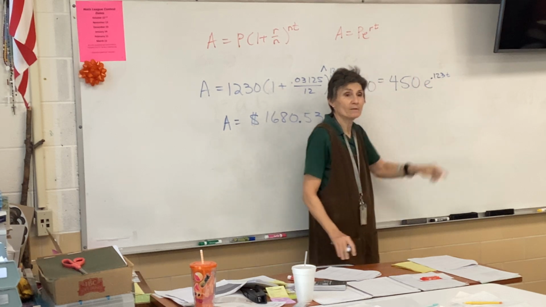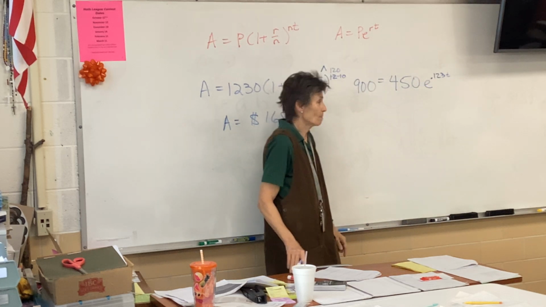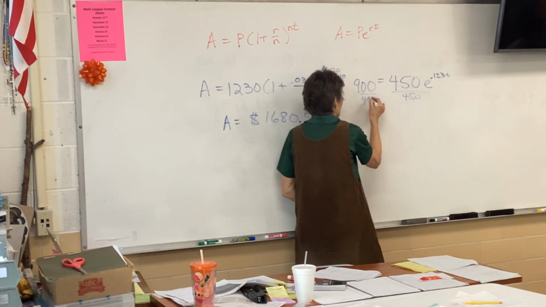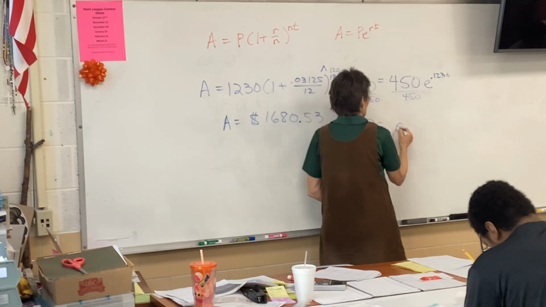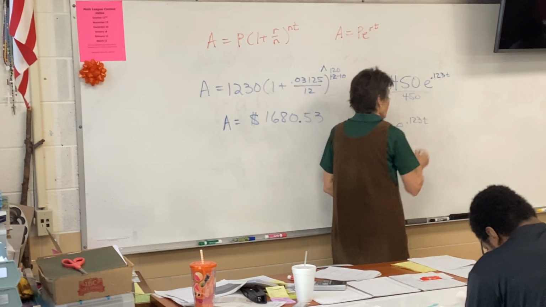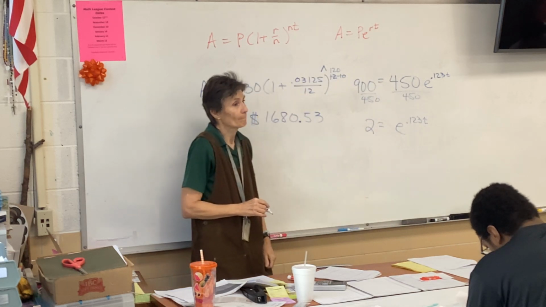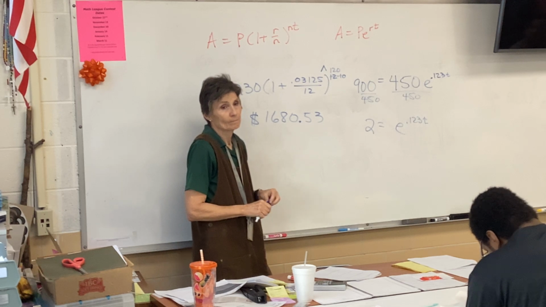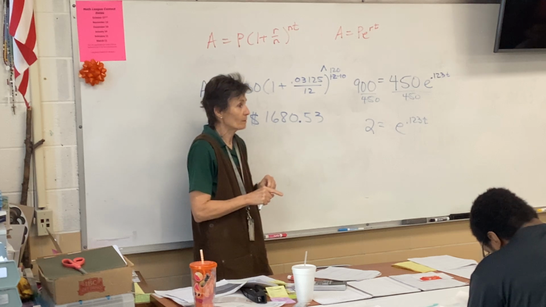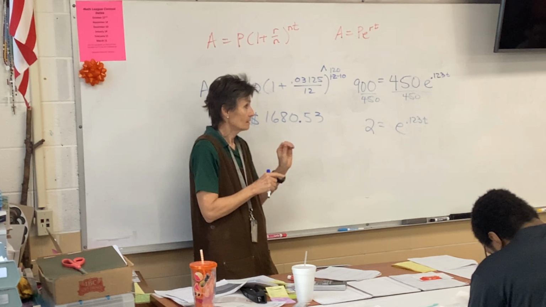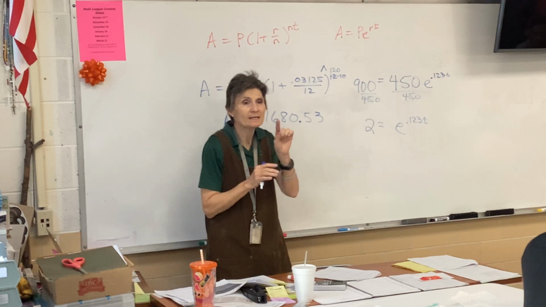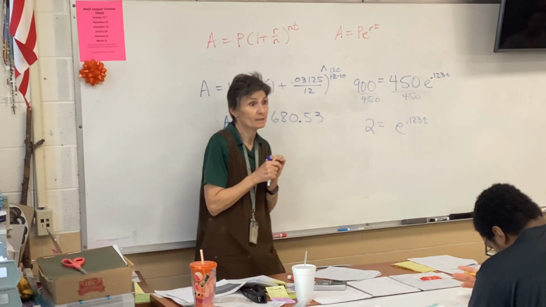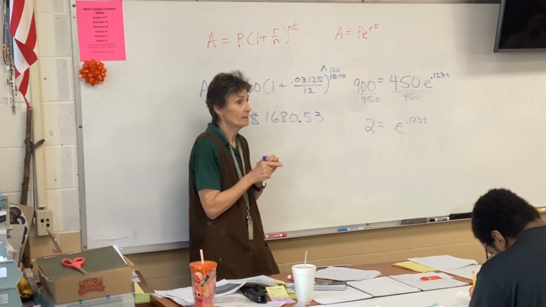Okay? What's step 1 now? Divide. Step 1 is you've got to divide by 450. So 2 equals e to the 0.123t. Now this is the point where we log both sides, but wait, the problem has an e in it. Maybe it would be easier to do what? ln both sides.